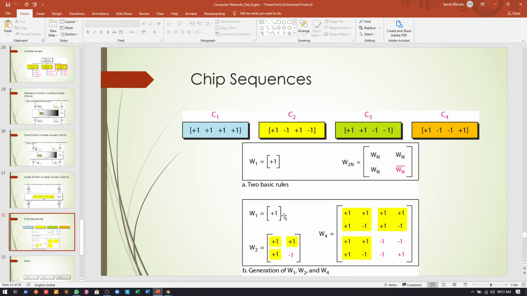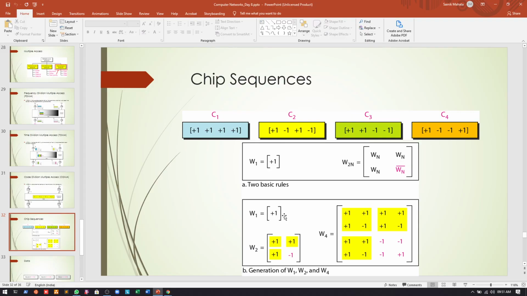The first rule in the case of the Walsh table says that if we have W1, just listen to this carefully, it will be a matrix of only one element, and that will be plus 1. And the second rule is, if it is W2n, it will be a matrix of W1n's. Here it is written W1, but actually it will be W1n.